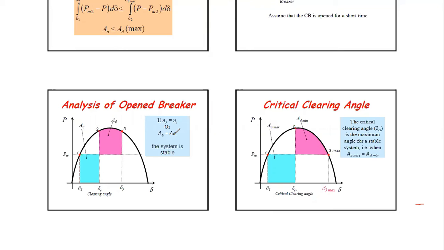This is what is expressed here also. Once again, I will tell you the definition. The critical clearing angle delta CR, this is the delta CR, is the maximum angle for a stable system when the acceleration area is maximum, but equal to the deceleration area, which is at the minimum.